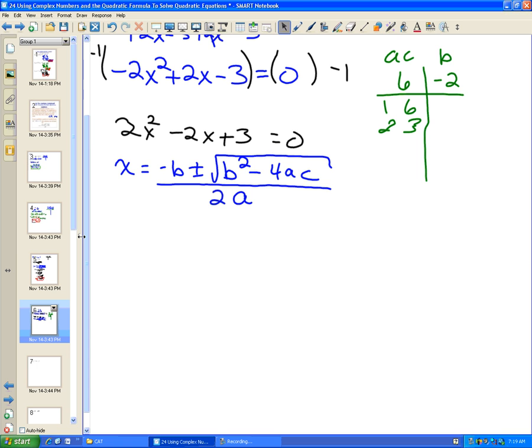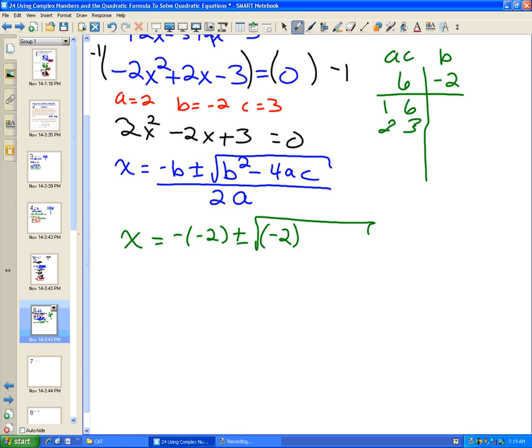I can go back to my original problem and say, okay, a is going to be 2, b is going to be negative 2, and c is going to be positive 3. I have my a, my b, and my c. I have my quadratic formula, so I just need to plug it in. x is equal to negative 2 plus or minus the square root of negative 2 quantity squared.